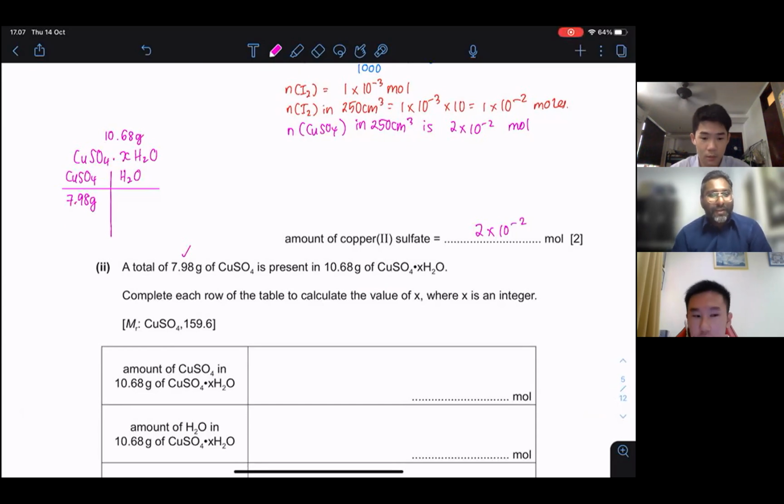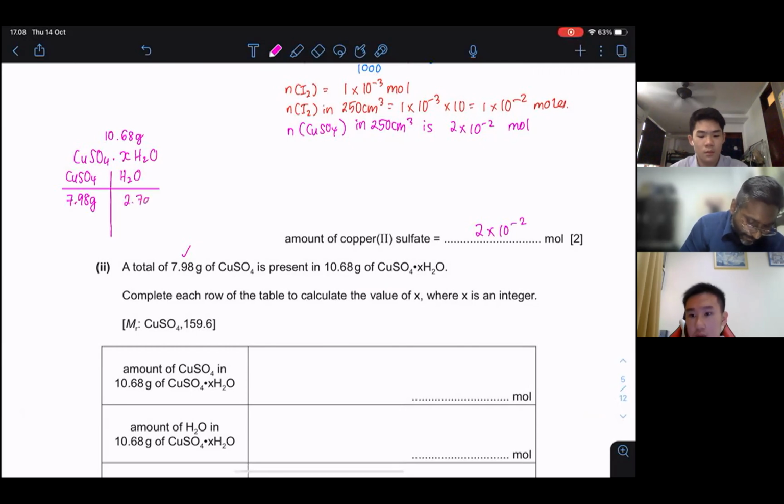So if copper sulfate alone is 7.98, how do you find the mass of water? You minus. Yeah, 10.68 minus 7.98, you will get 2.7. Okay, so I'll write down 2.7 gram.